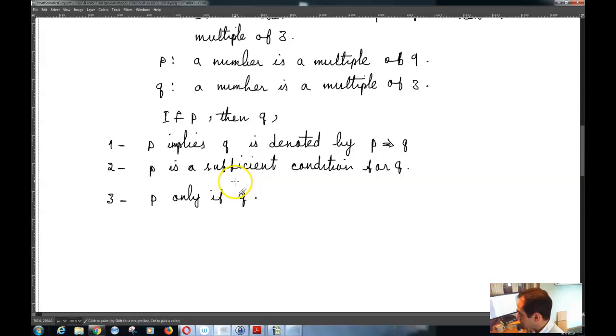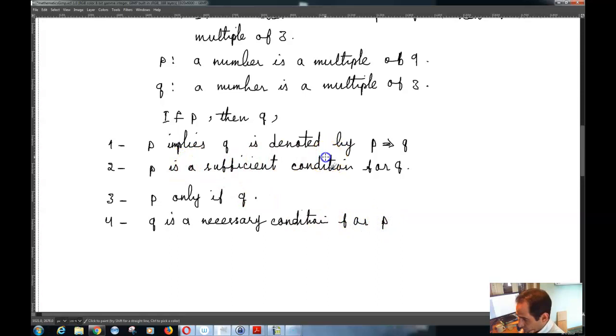And Q is a necessary condition for P. Over here we said that P is a sufficient condition for Q, and on the other hand you can say that Q is a necessary condition for P.